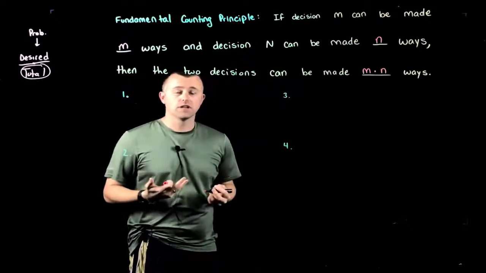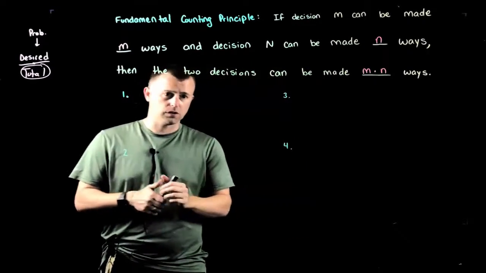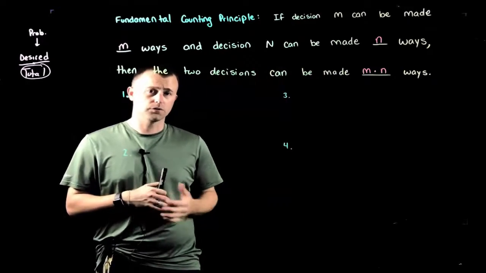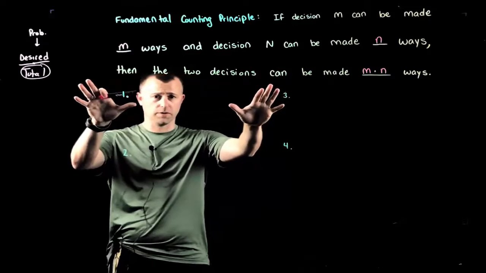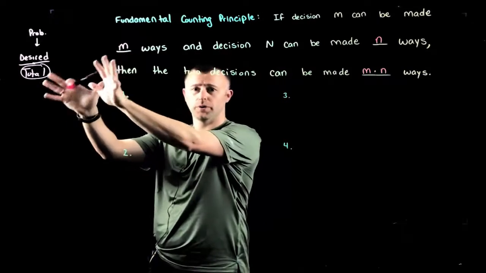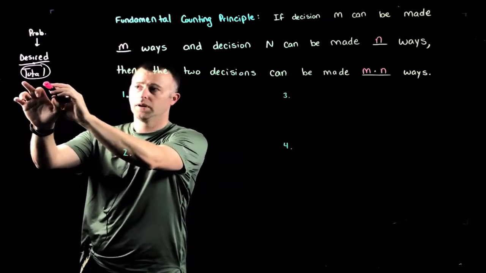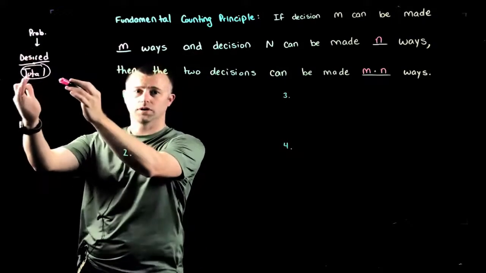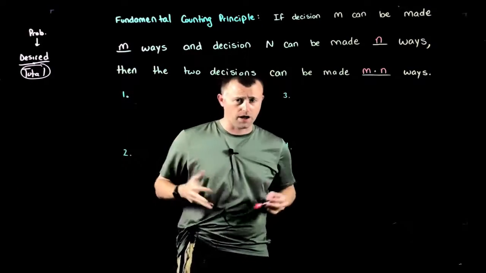So you take your possibilities and just multiply them together. In the notes, there are 4 examples. Example number 1 is where I'm going to use this fundamental counting principle. I'm not going into probability quite yet, but probability doesn't work if I don't know how many total outcomes there are, so we're going to focus on that for right now.